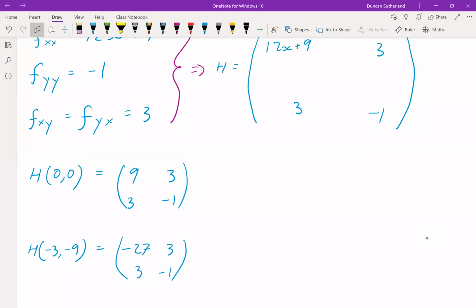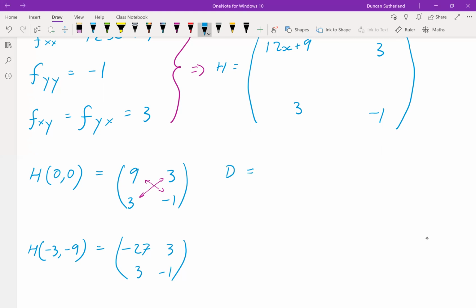Okay, so now we can work out the determinant of this thing. I always like to do the determinant first because that tells me if it's negative or positive immediately. So determinant, remember, you multiply these two and then subtract off the cross multiply of the off diagonal terms. So we get -9 minus 9.